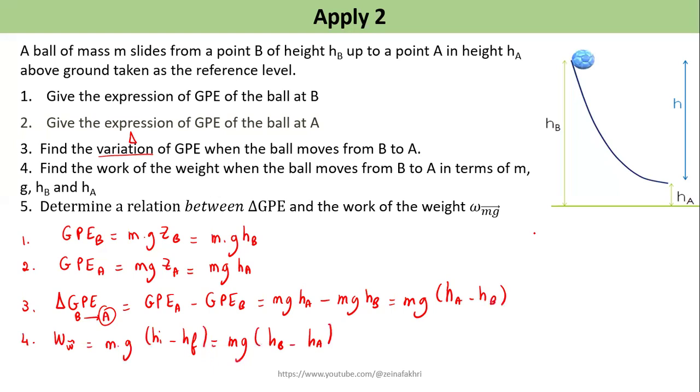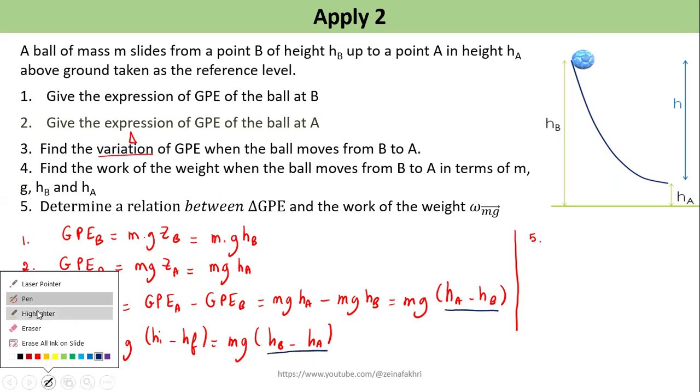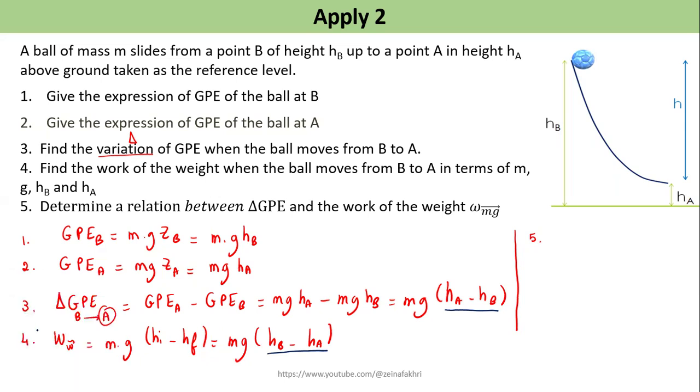Now, last part, we have to determine a relation between delta GPE and the work of the weight. If we notice here, it's HA minus HB, here it's HB minus HA. So if I want to write it in this way, delta GPE is equal to, we can take a common factor here, which is negative.